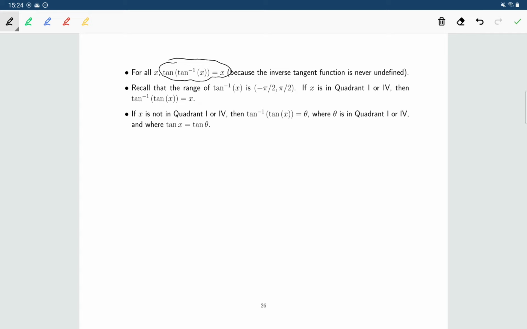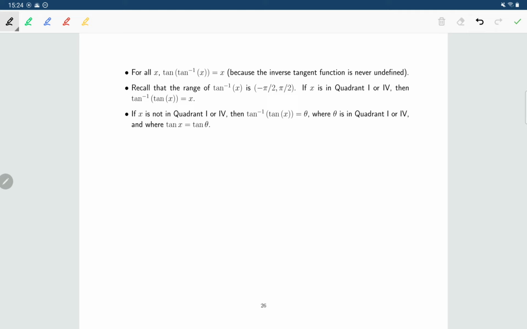So tangent always undoes tangent inverse, which is nice. The reverse, of course, we're going to have two options there. We could be looking at tangent inverse composed with tangent, where the angle is inside our restricted domain, in which case tangent inverse undoes tangent.